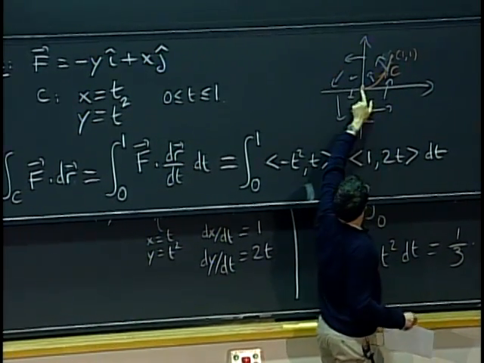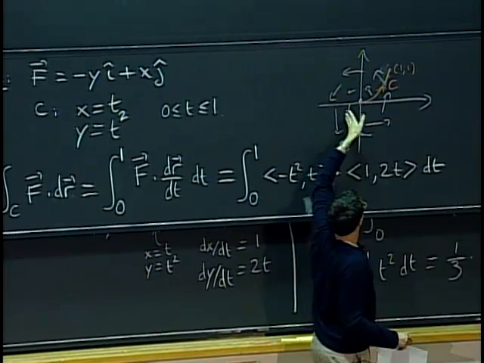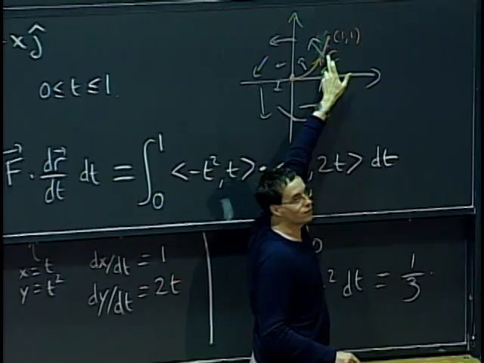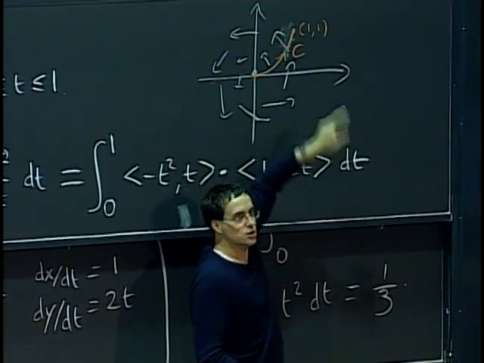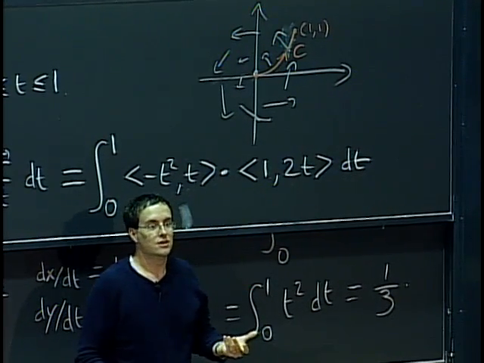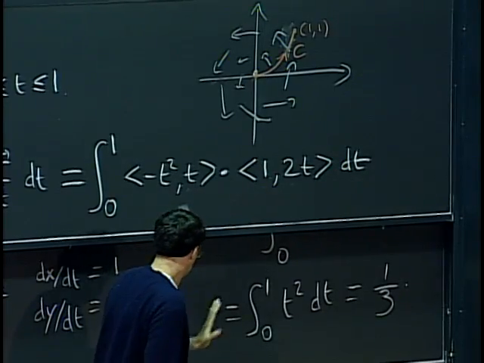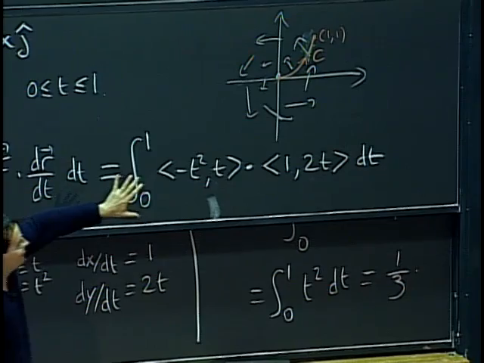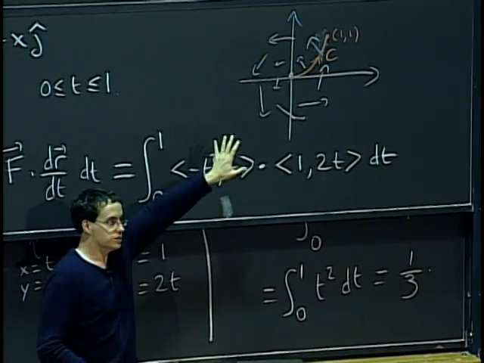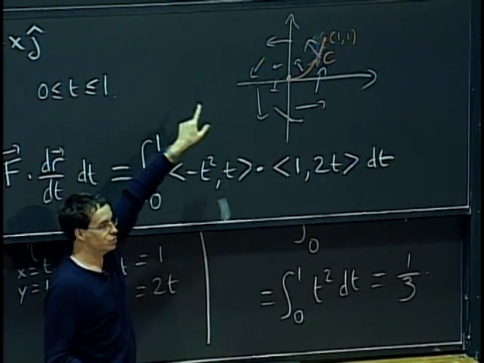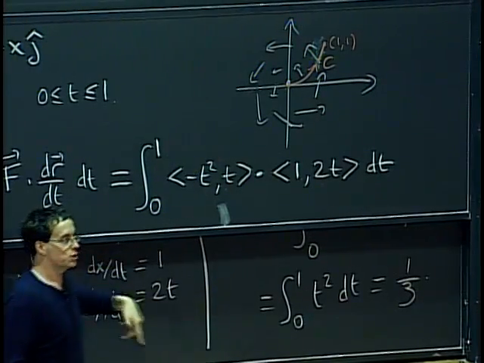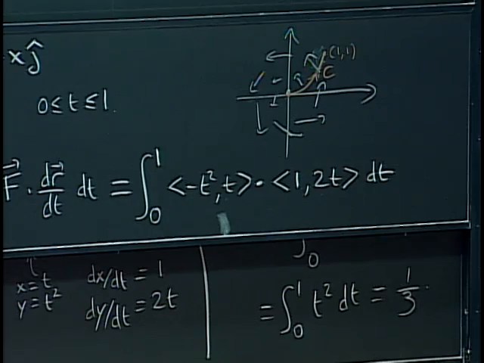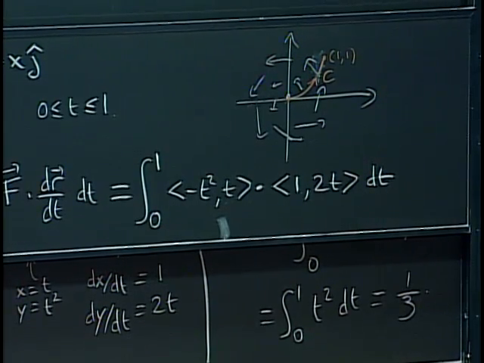First I wouldn't do any work because here the force is perpendicular to my motion, and then I would be going against the force all the way around, so I should get something negative. Even if you don't see that, accept at face value that the value of a line integral in general depends on how we got from point A to point B. That's why we have to compute it using the parametric equation for the curve. It really depends on what curve you choose.